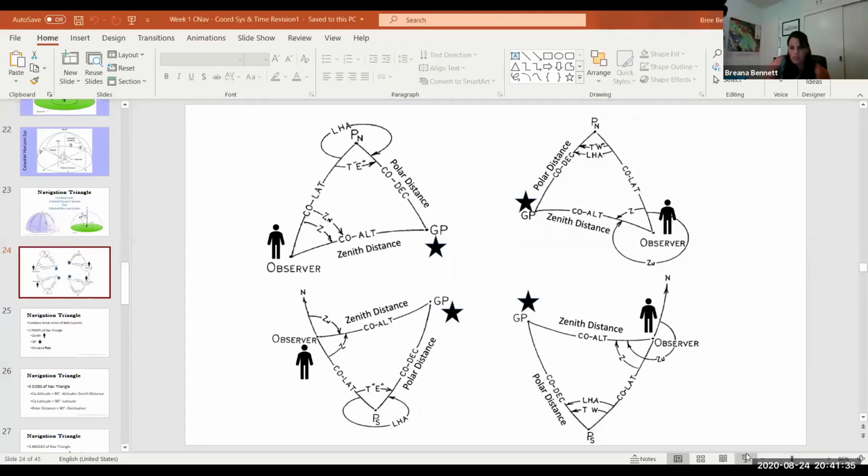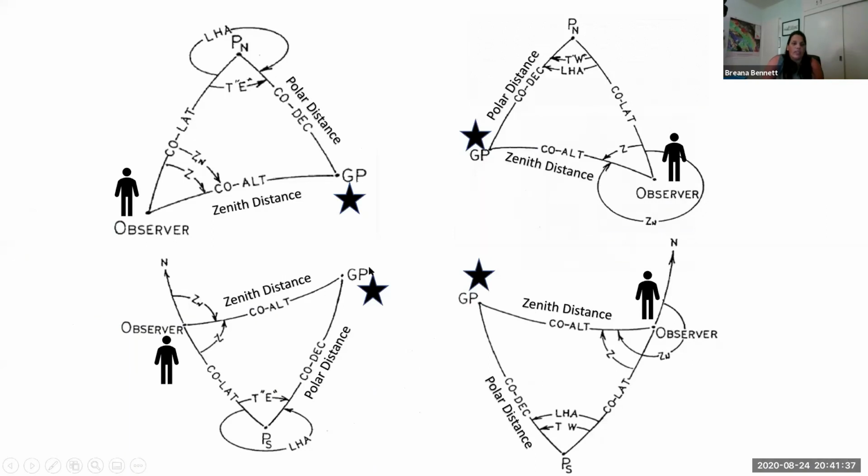Okay, so share screen. Okay, so this is our 4 possible triangles.